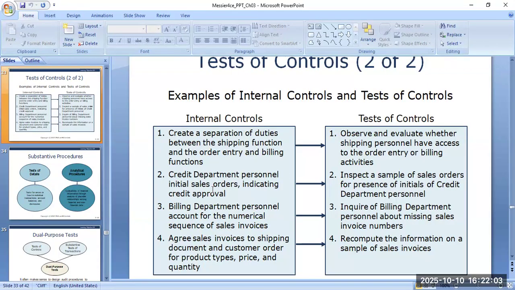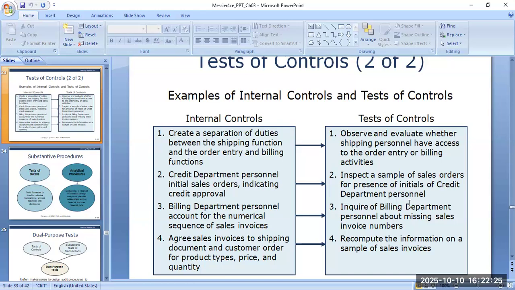Let's say the next one. The internal control is that credit department personnel initial the sales order indicating credit approval. Now we're going to inspect a sample of the sales orders for the presence of the initials of the credit department personnel.